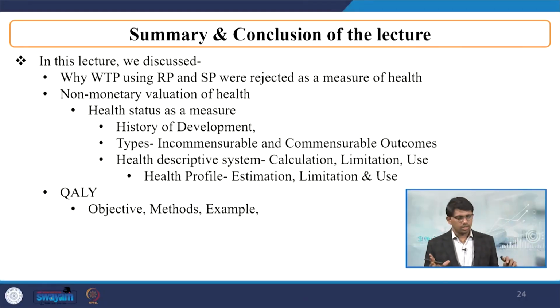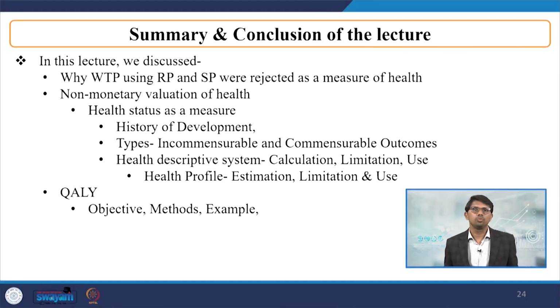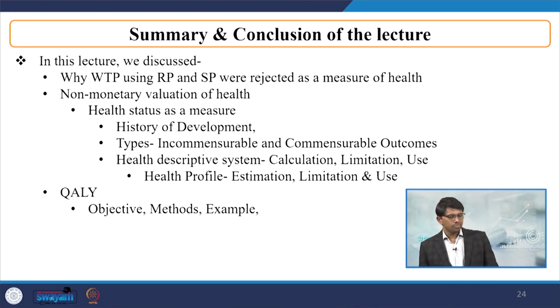So, that is all for the lecture. Let me summarize it in short. In this lecture, we discussed why willingness to pay using revealed preference and stated preference were rejected as a measure of health. You can also prepare for your assignment questions.